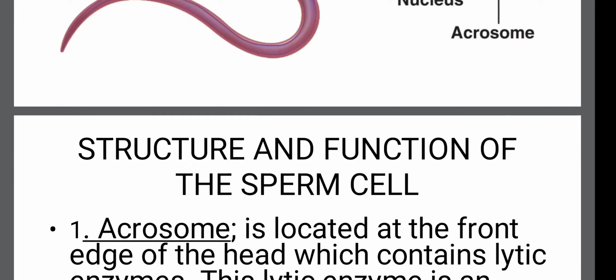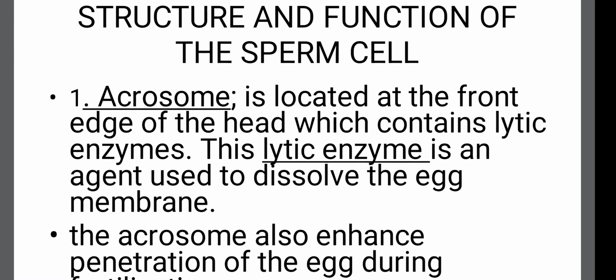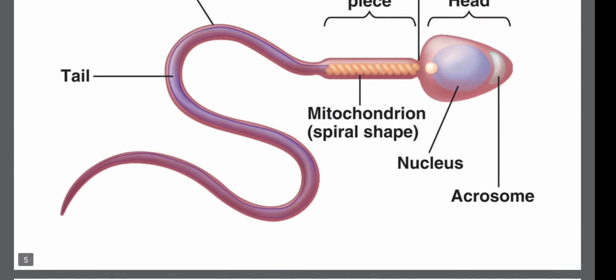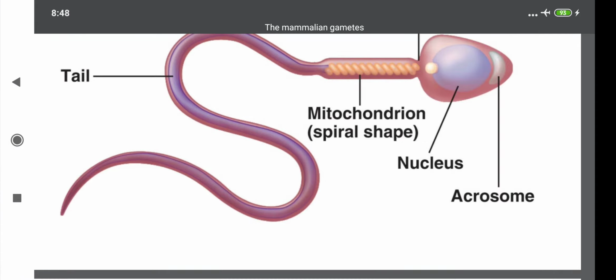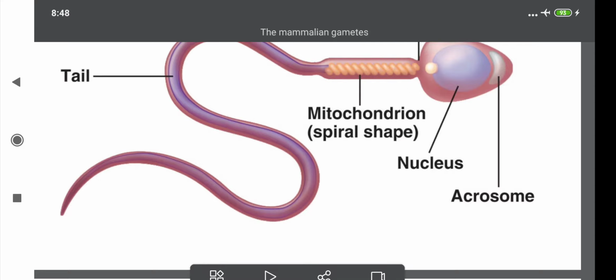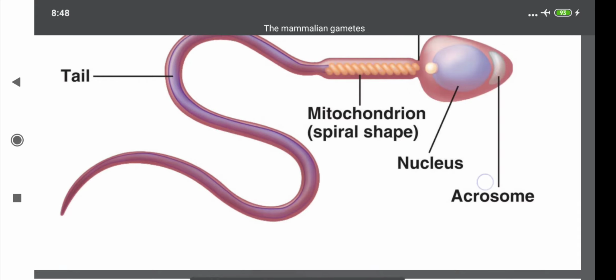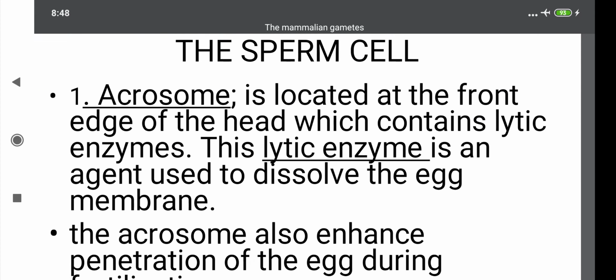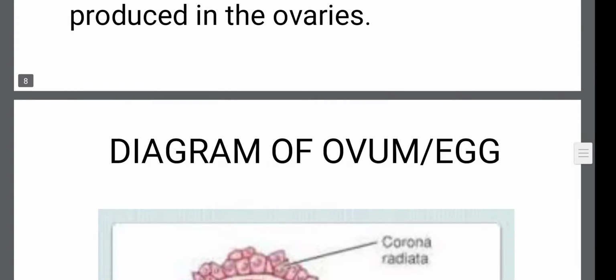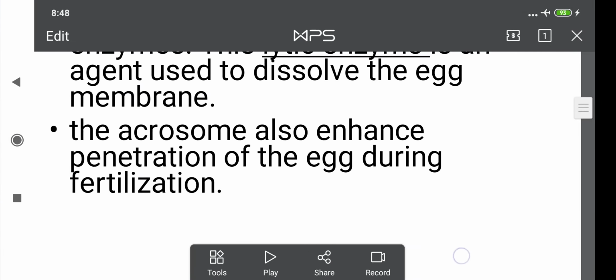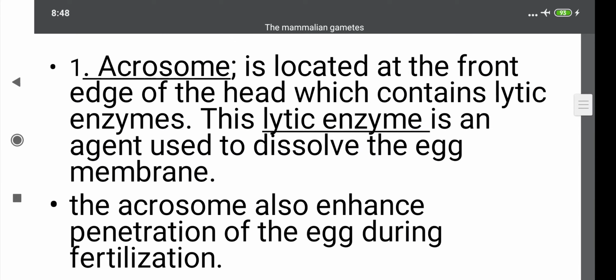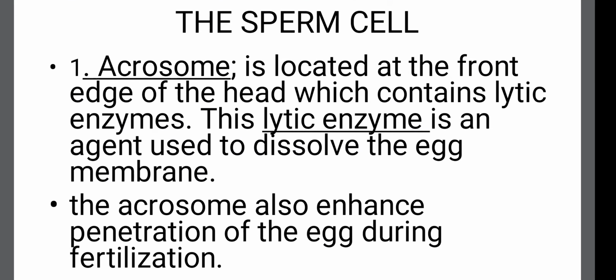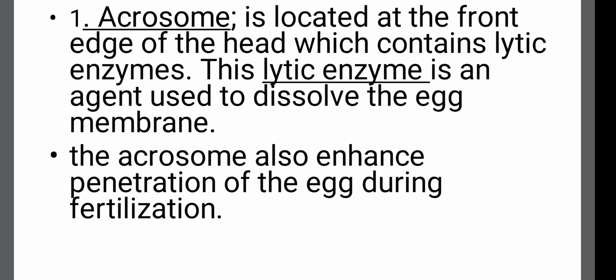Structure and function of the sperm cell. The acrosome is located at the front edge of the head. It contains lytic enzymes, an agent used to dissolve the egg membrane. The acrosome also enhances penetration of the egg during fertilization.